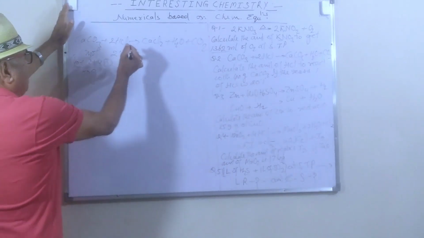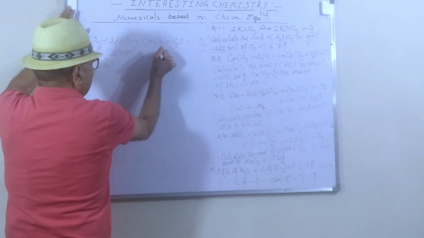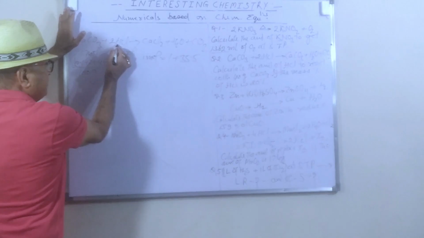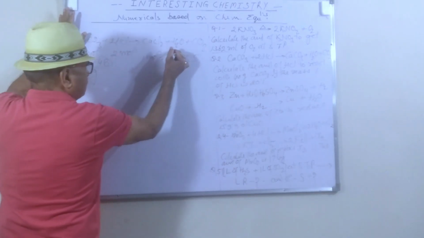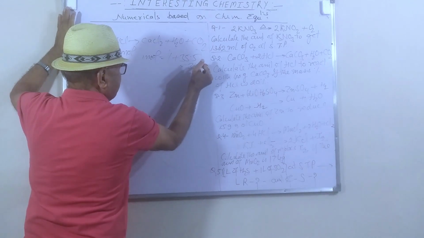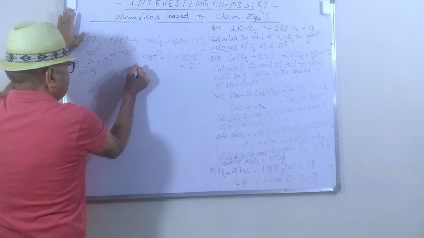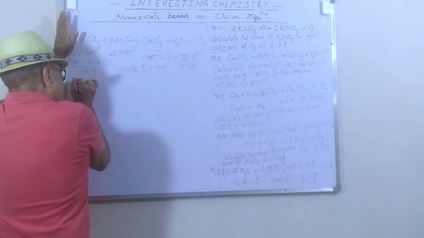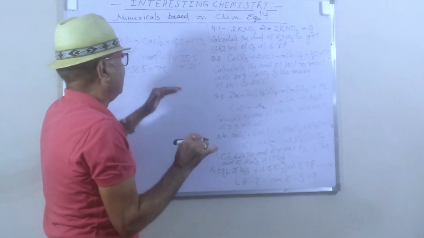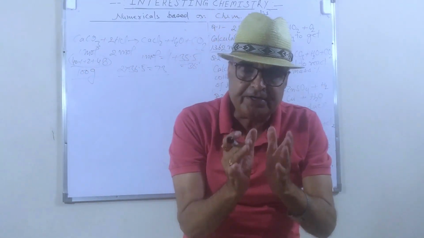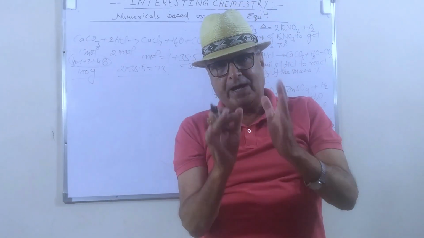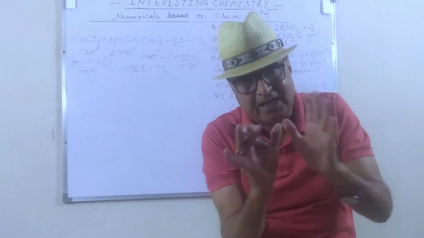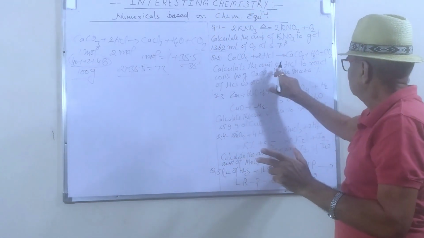So 1 mole of HCl is equal to 1 plus 35.5, because the atomic mass of hydrogen is 1 and chlorine is 35.5, so it is 36.5. So 2 into 36.5 is equal to 73. This equation tells us that 100 gram of calcium carbonate reacts with 73 gram of HCl, and you have to calculate the amount of HCl.